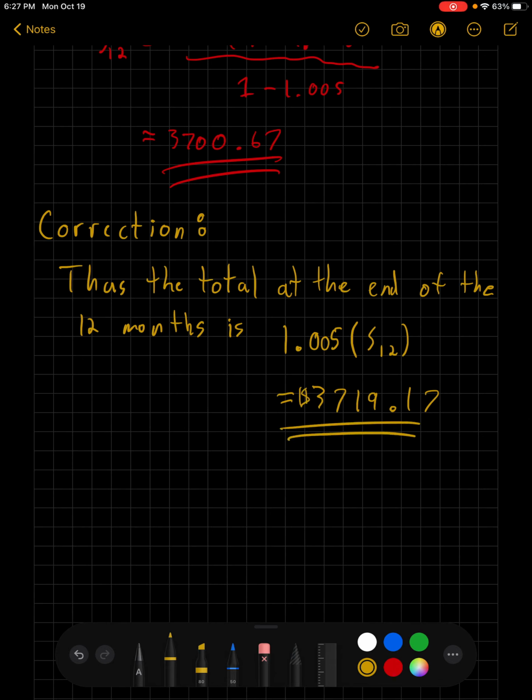So my answer was wrong because I forgot to account for the last month when I did it.